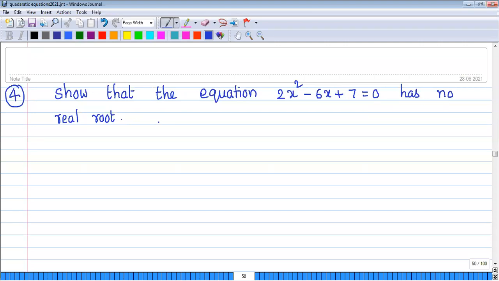That means it is enough to prove that its discriminant is less than 0, negative, that's enough.